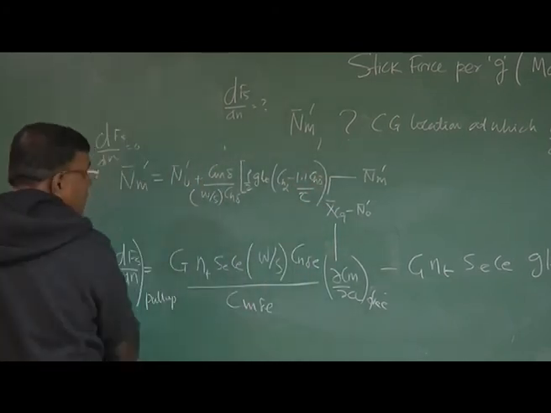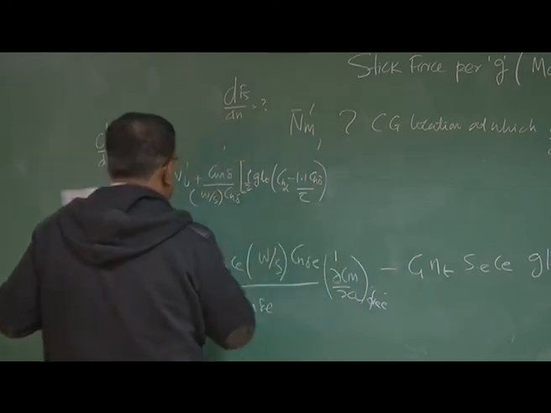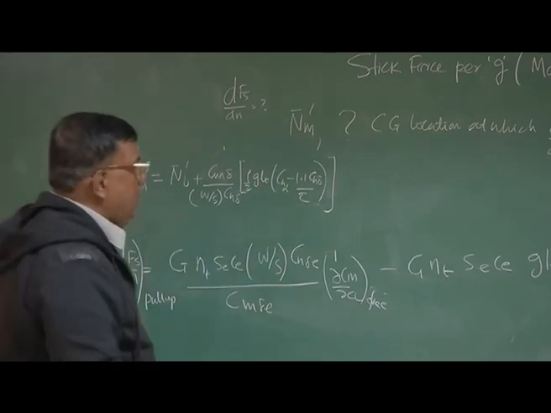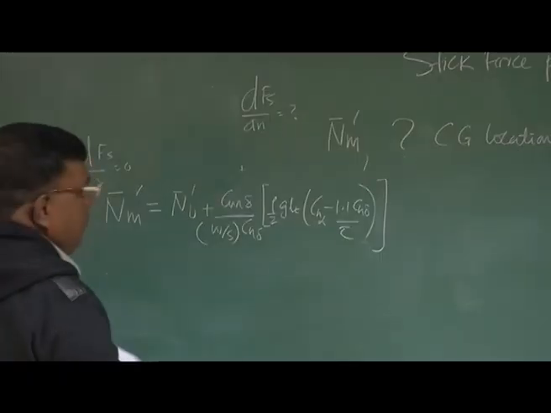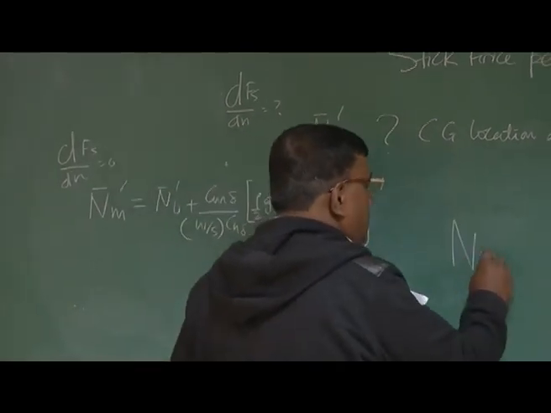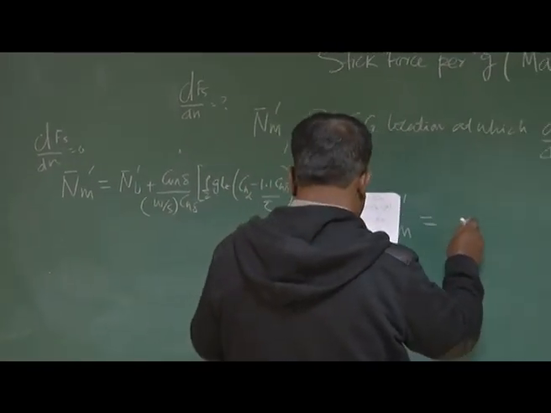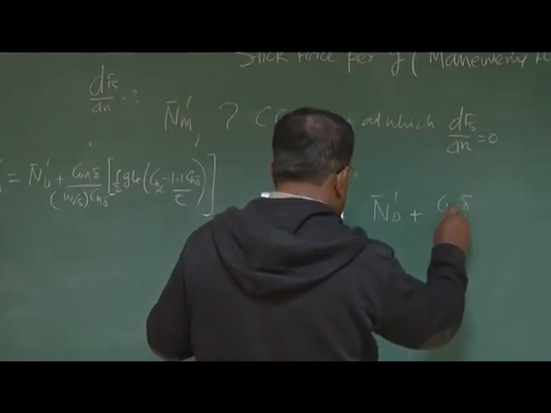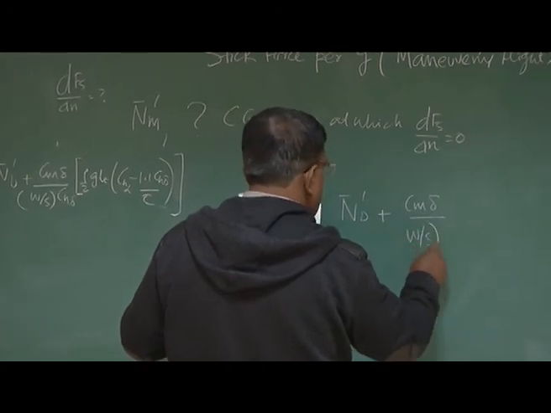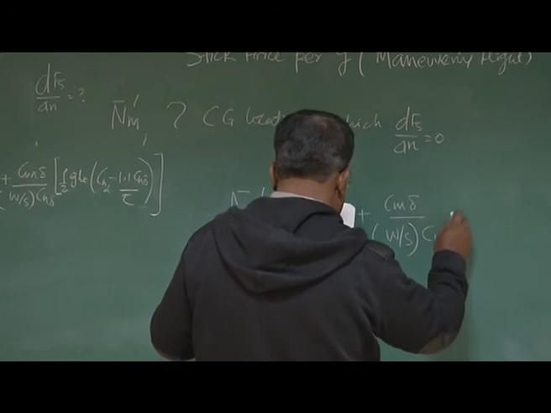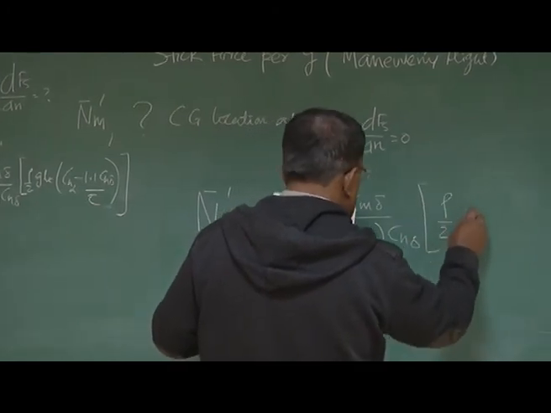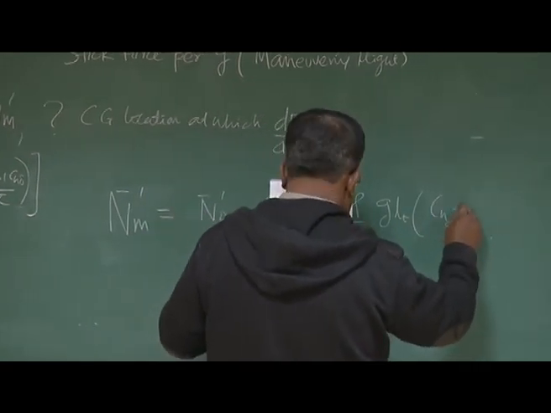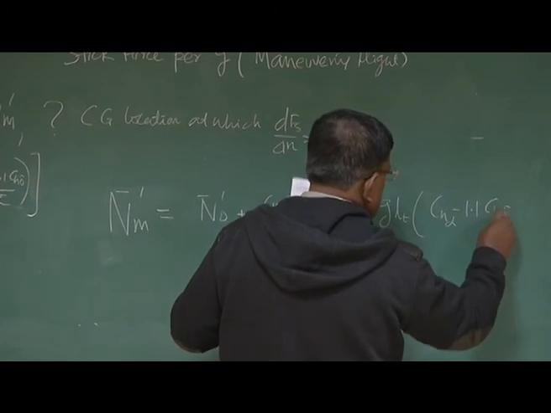Let me erase this part, now you are clear. Or in a neater form, you can further write this expression as N naught prime plus Cm delta by W by S into CH delta rho by 2 G LT CH alpha minus 1.1 CH delta by tau.